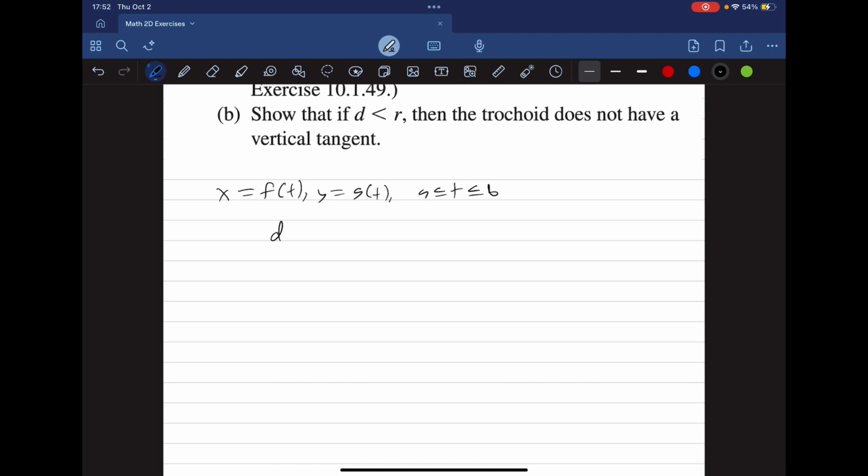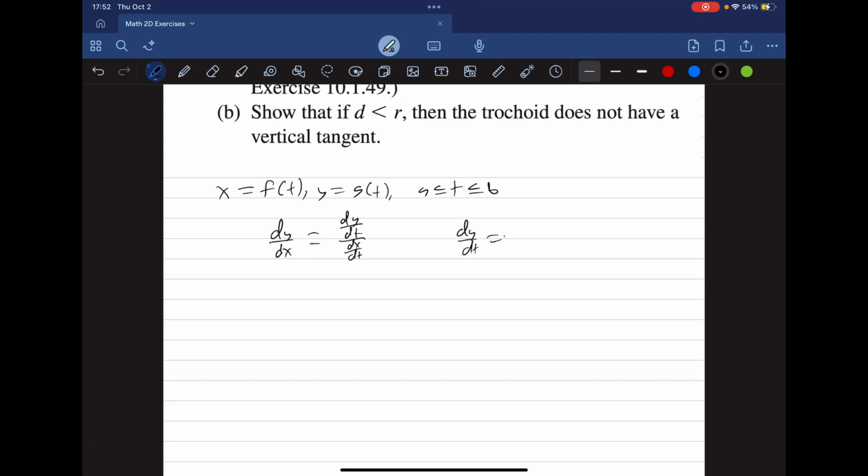Then the slope of the curve that these equations draw out can be computed using the formula dy/dx equals dy/dt all over dx/dt, where dy/dt is just going to be g prime of t, and dx/dt is just f prime of t in this case. So in other words, we take the derivatives of the parametric equations, and then we put the y derivative on top, the x derivative on bottom, and we divide.